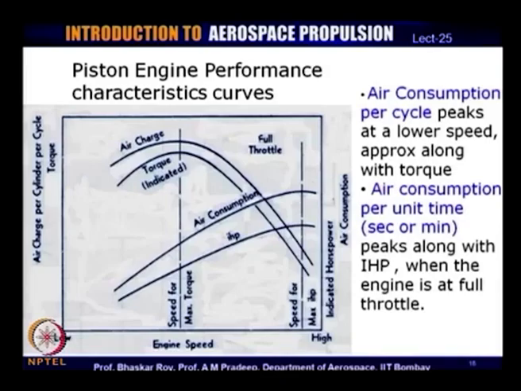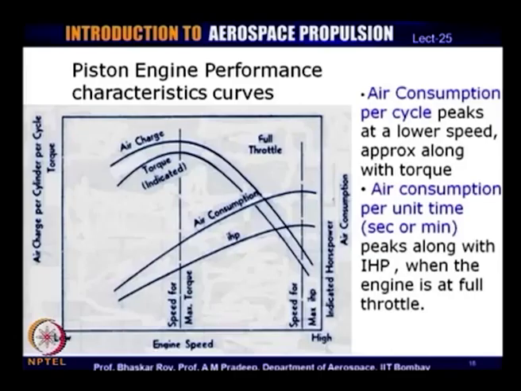As we can see here, the air consumption per cycle, given over here as the y axis, goes up with the speed and reaches a peak somewhere over here, and then it goes down, whereas the air consumption per unit time, per second or minute, continues to go up and reaches a peak at a very high speed.